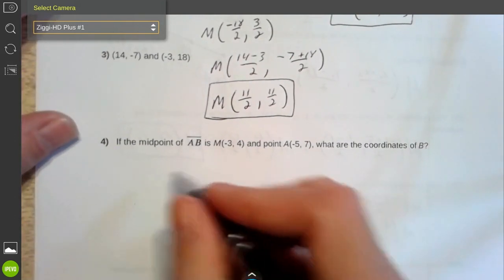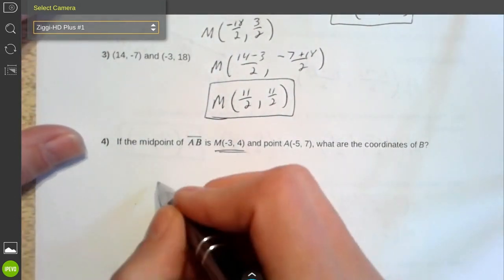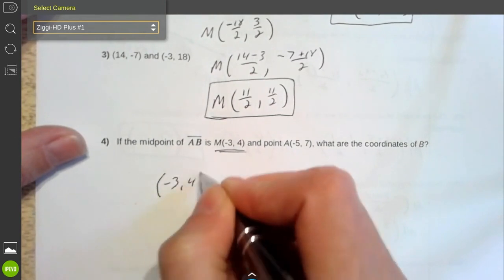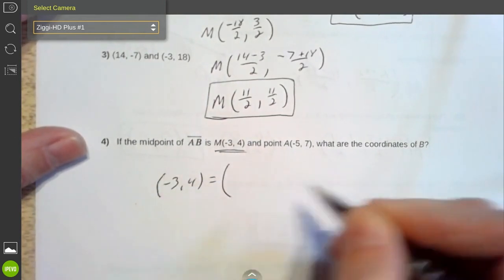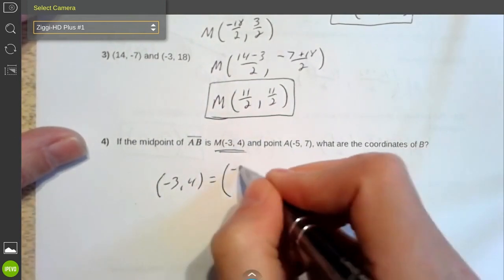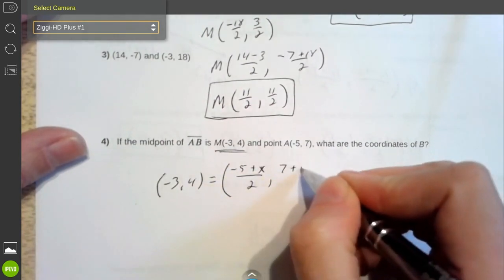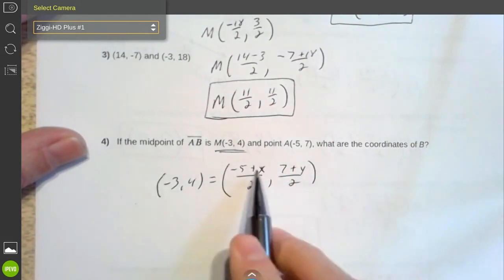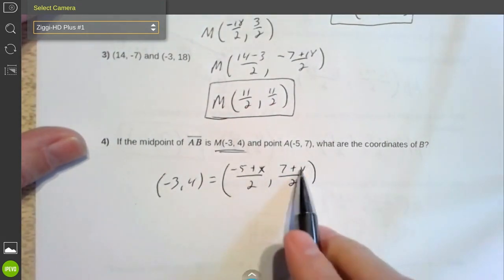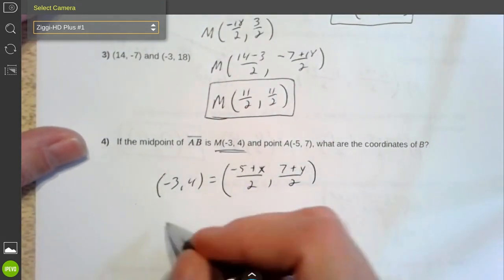All right, so I'm going to set up my formula. I know what the midpoint is. So (-3, 4) is the midpoint, and it should equal (-5 + x)/2, (7 + y)/2. By the way, if you switch that, if you did x - 5, y + 7, same thing. It's going to work.